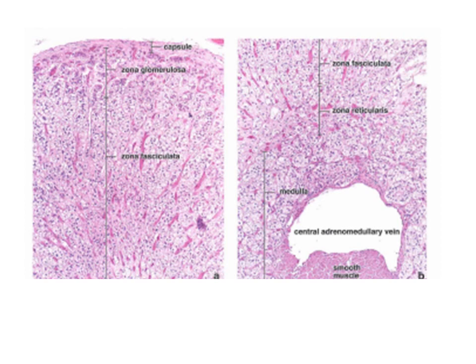So from the fasciculata and reticularis form a capillary plexus, formation of the major vein, which is surrounded by longitudinally arranged smooth muscle cells. Another feature of this is the presence of smooth muscle cells which are arranged longitudinally.